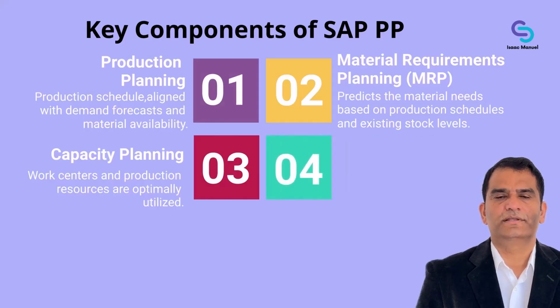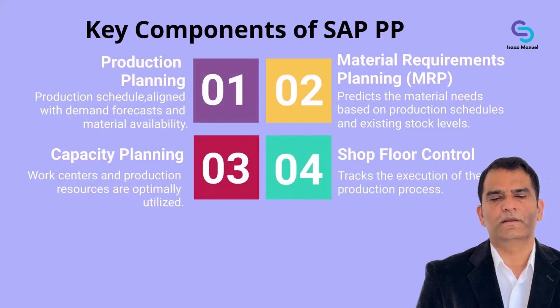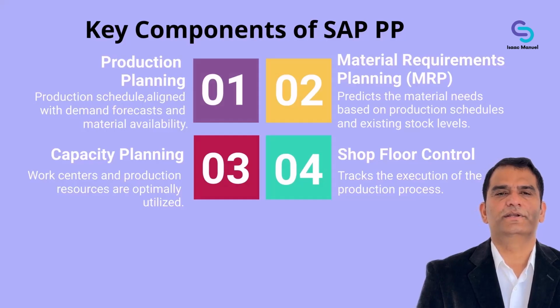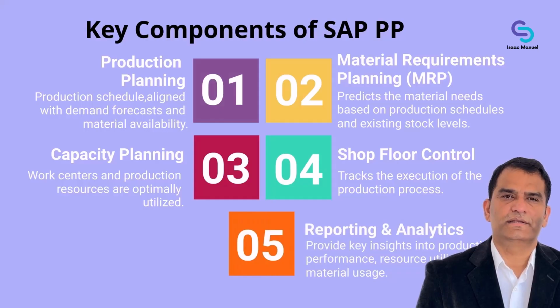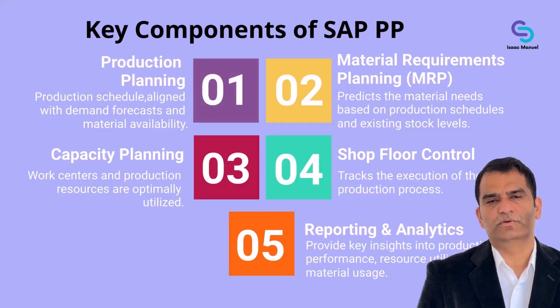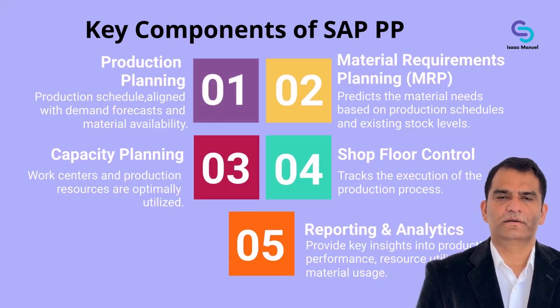Once production orders are released, shop floor control monitors the execution of production activities, keeping operations on schedule and managing resources efficiently. Finally, reporting and analytics deliver valuable insights into production performance, resource utilization, and material consumption, empowering businesses to optimize processes and make informed, data-driven decisions.